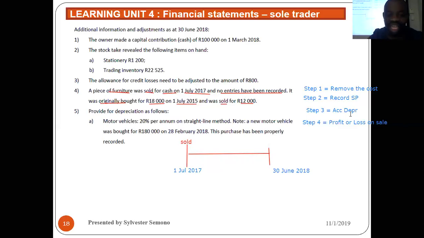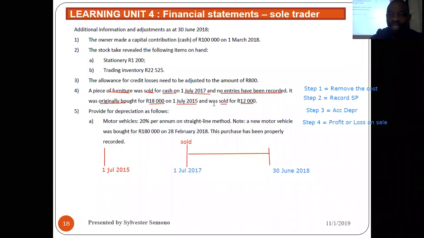We're going to check, when did we buy this asset? We put it somewhere here. You said this one? 1st of July 2015. So we must depreciate from that date till this date.